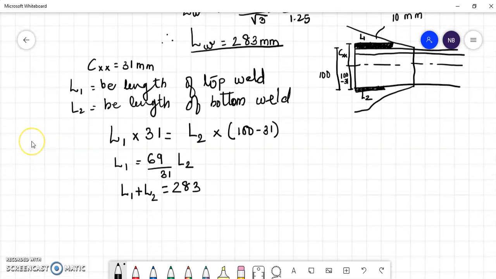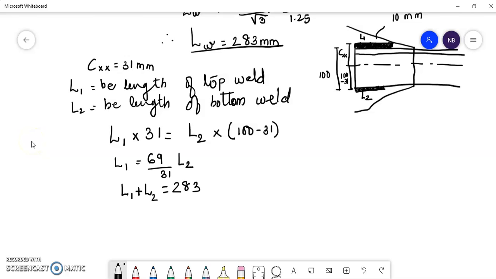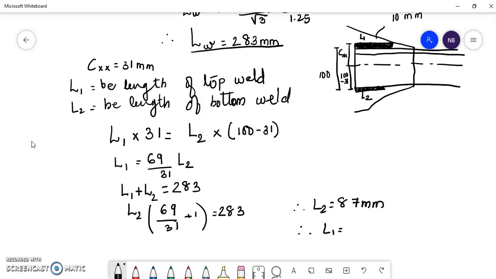So now substituting L1 in terms of L2, we get L2 as 87 mm and L1 is 195 mm.